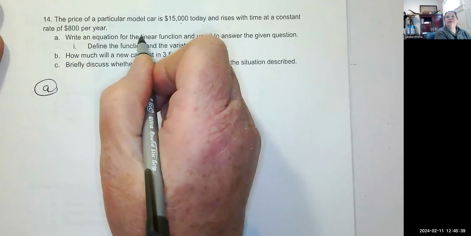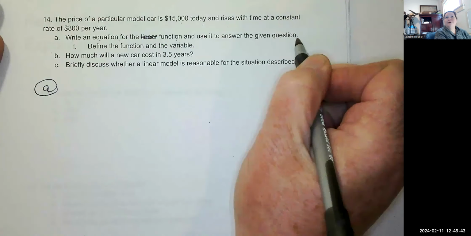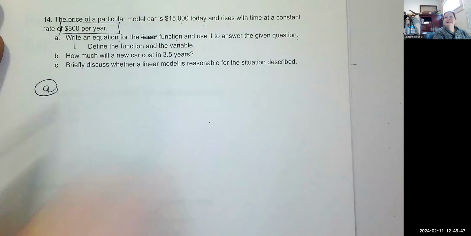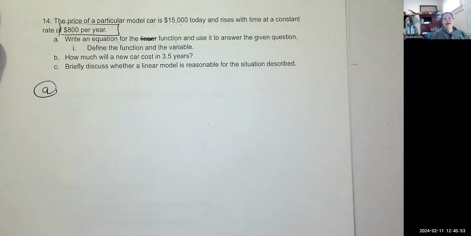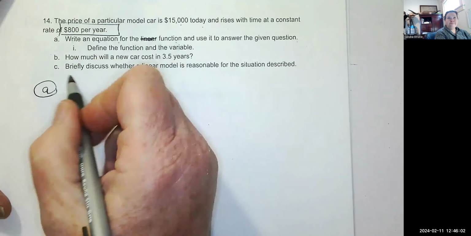I'm not going to tell you linear. I'm going to say write an equation for the function and use it to give an answer. You're going to need to know that this $800 per year is going to be a linear function. In fact, I'm not going to ask you to write a linear anything. You're going to need to know, looking at the problem, if it's a linear function or an exponential function so that you can write it. That is part of what your exam is going to be over.